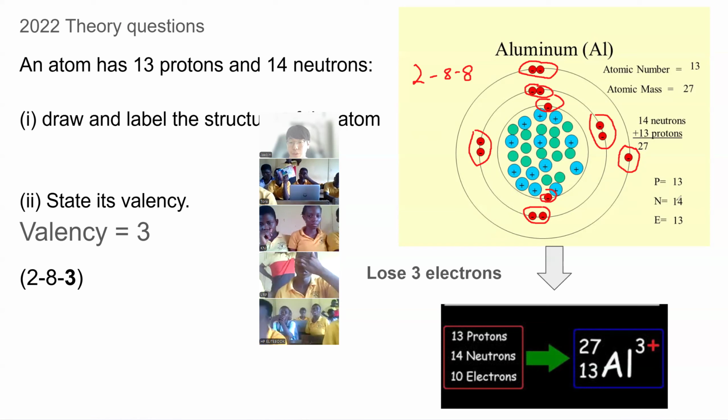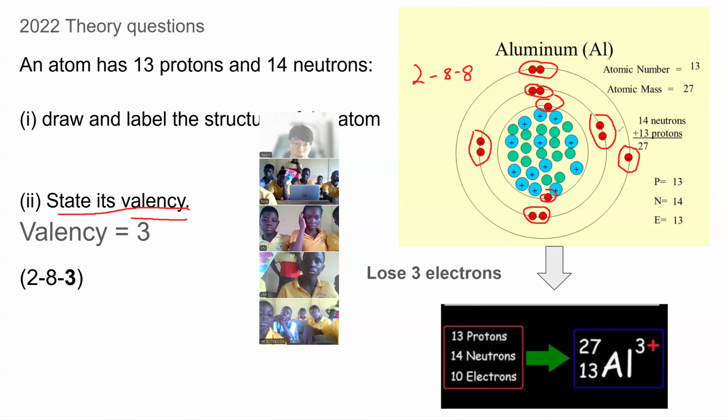And the second question actually tells us to state its valency. Valency just means the valence electrons, the outermost electrons, which we can see from the drawing that there are 3 valence electrons. And what ion will aluminum form? Well, we can easily see from the diagrams that aluminum has 3 extra electrons.